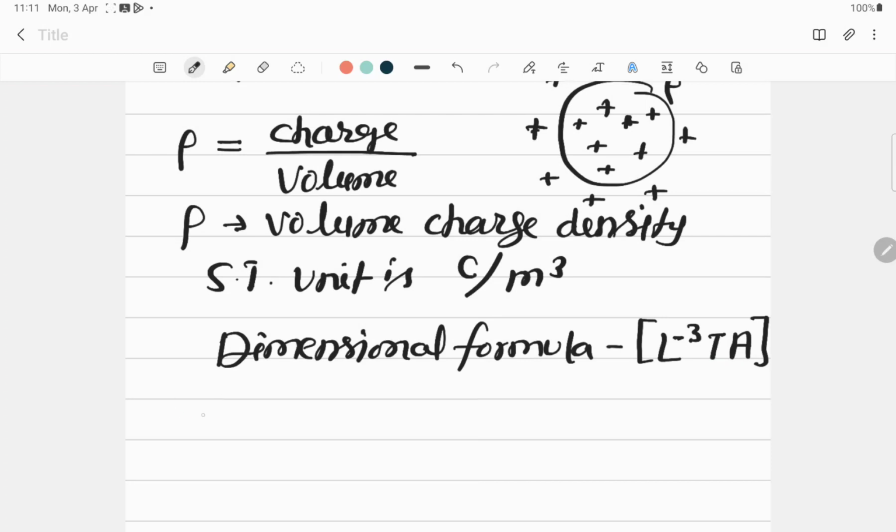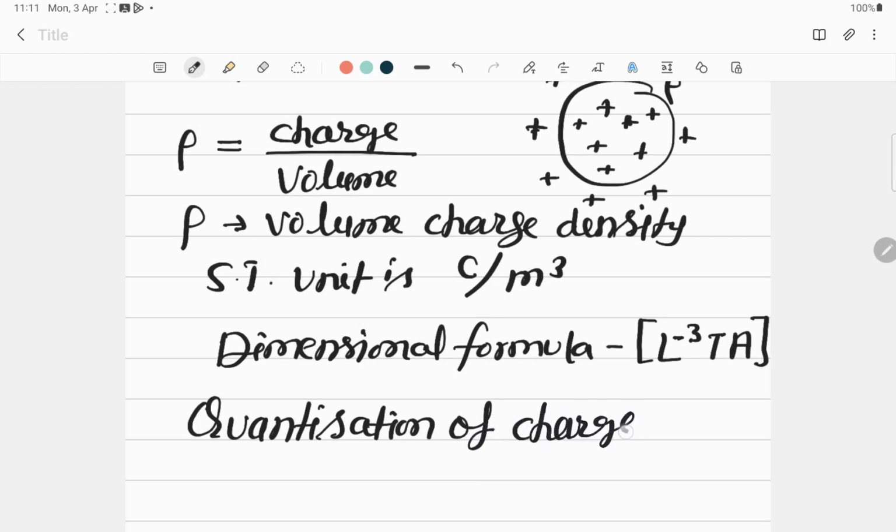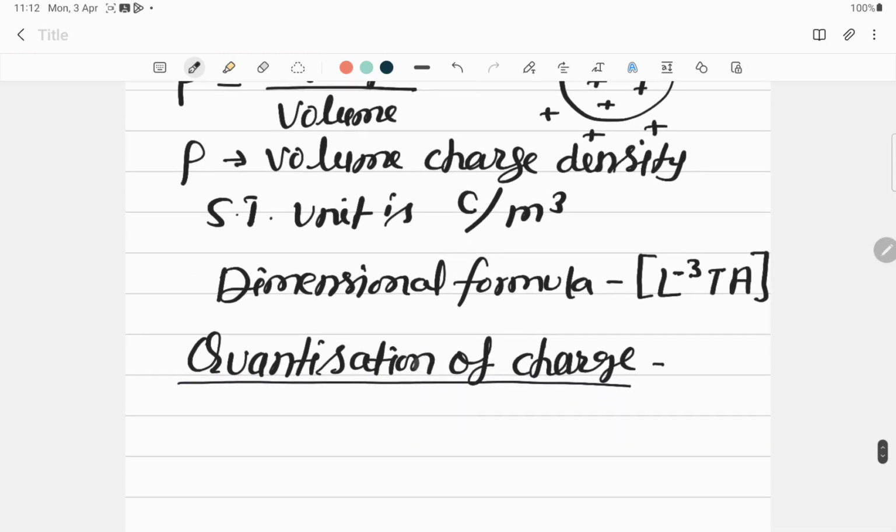Now, another property of charge is the quantization of charge. What does it mean?